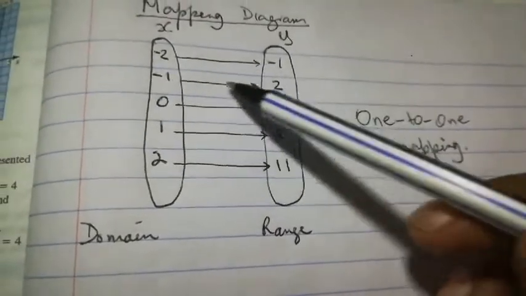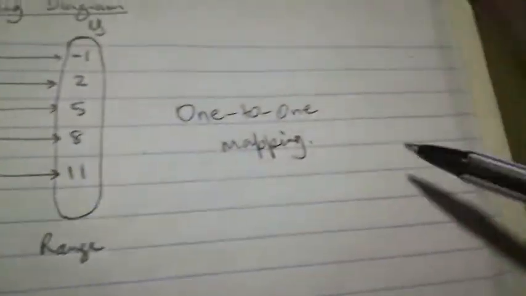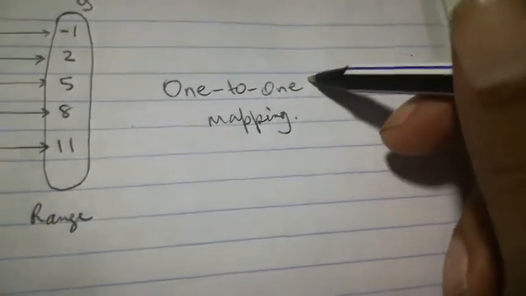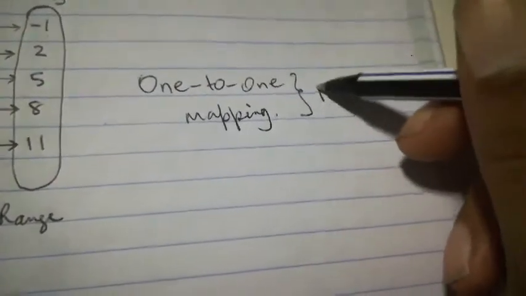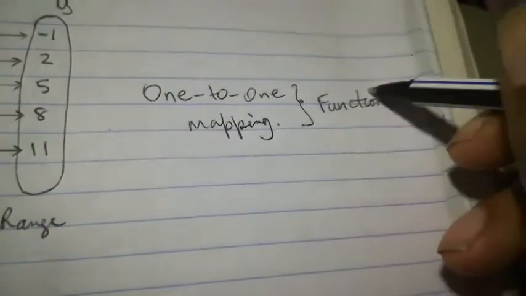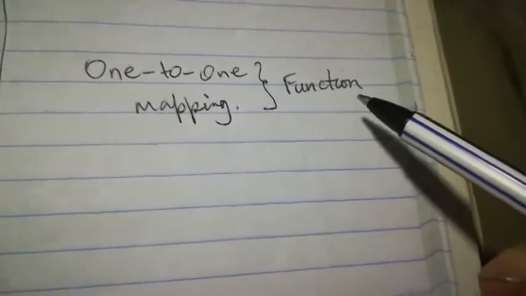Because this is a 1-to-1 relation, we can safely say that this is a function. So a 1-to-1 mapping is called a function.